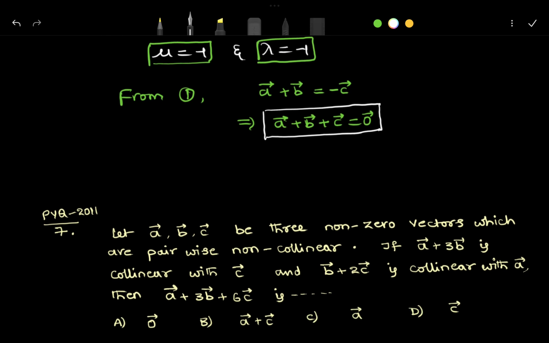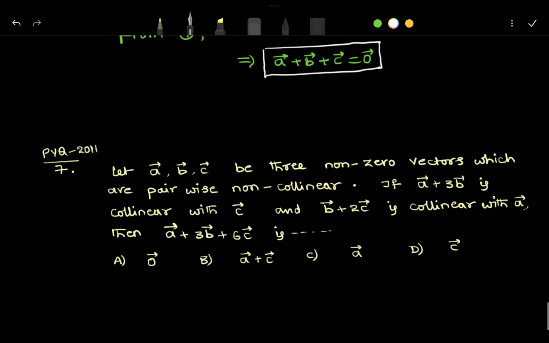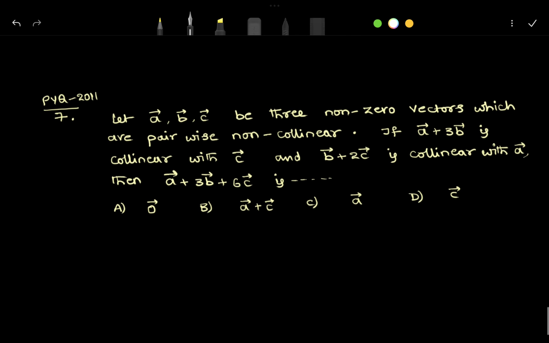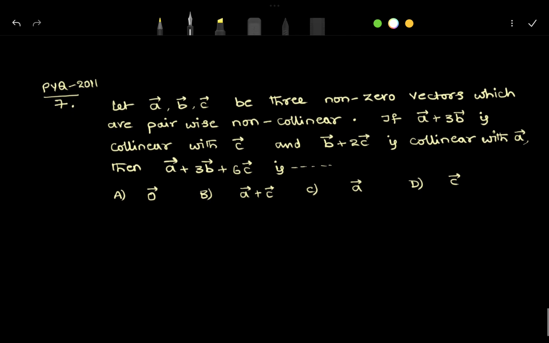In the very same model, in 2011, the same model question was given in the engineering entrance exam. Let A bar, B bar and C bar be three non-zero vectors which are pairwise non-collinear. In this one also, A bar plus 3 B bar is collinear with C bar, and the next one is B bar plus 2 into C bar is collinear with A bar.